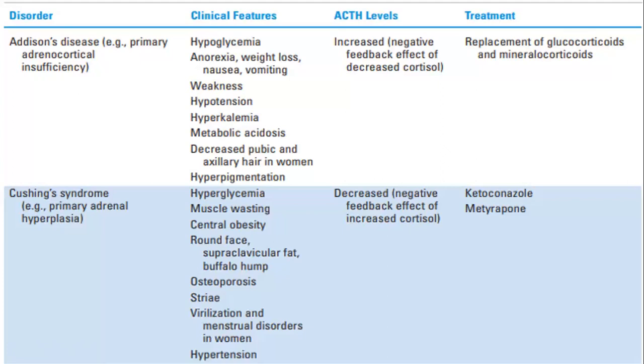And so via the feedback mechanism, if you have decreased levels of these hormones, your hypothalamus and pituitary gland act upon it by secretion of other hormones to upregulate production of your glucocorticoid, your androgen, and mineralocorticoid. And so in Addison's disease, you have increased ACTH levels.